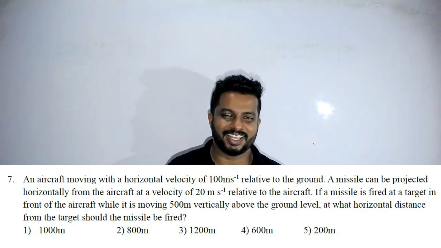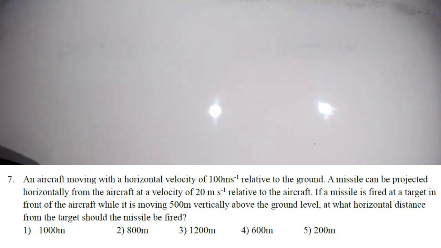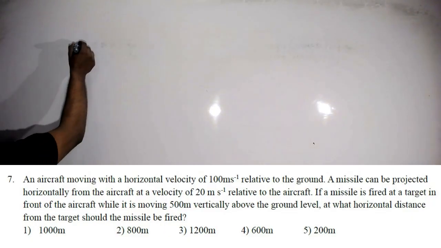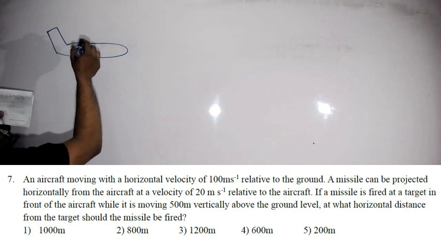Let's see the answer for question number 7. An aircraft is moving with a horizontal velocity of 100 meters per second. The velocity of the aircraft is given relative to the Earth.